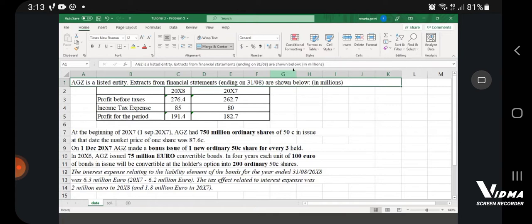So it's a way of expressing that the 2018 accounting year is not the same as the calendar year, okay? Because you see here, the financial periods end on 31st of August. That means that when I prepare the financial statements on 31st of August 2017, the bonus issue will happen on the 1st of December of that year.